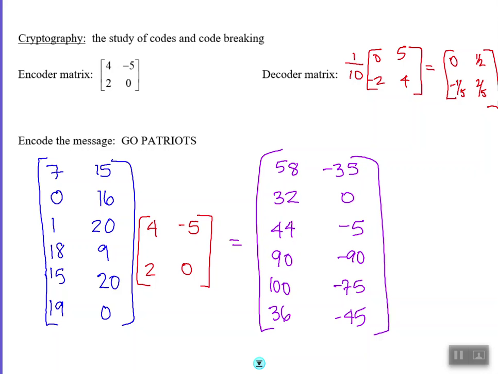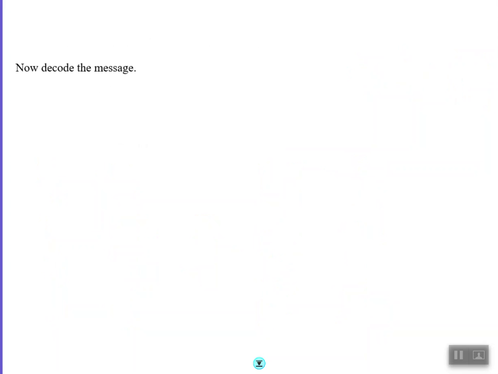Now, if you want to decode this message, you would take this matrix and multiply by the decoder matrix. So let's go ahead and rewrite our secret message.